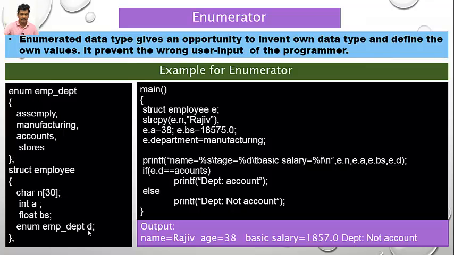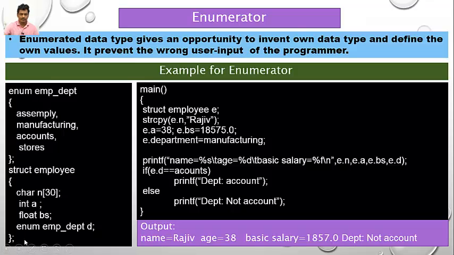D is an enumerator variable. In this d, we can store any one of these values. If we try to store any other value, it will give an error.